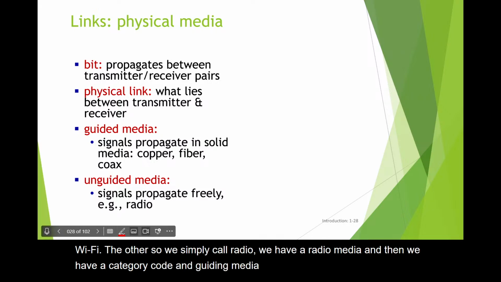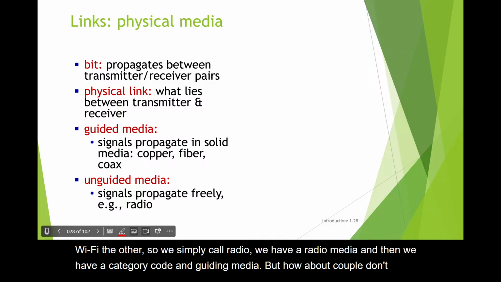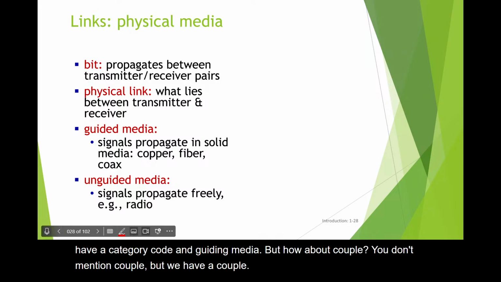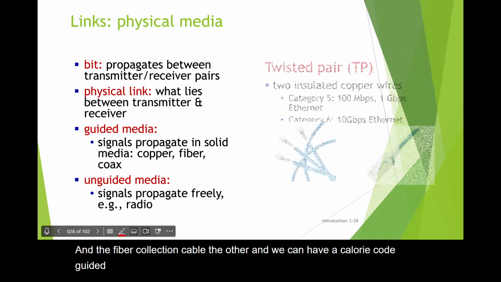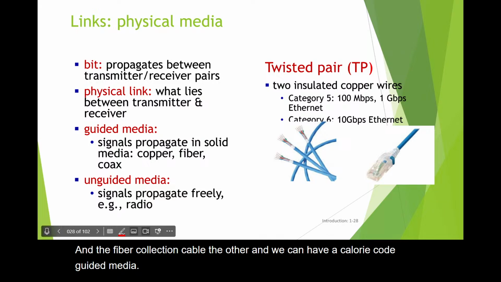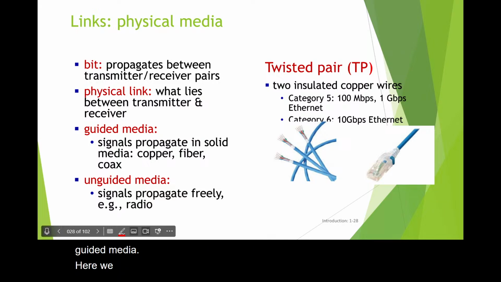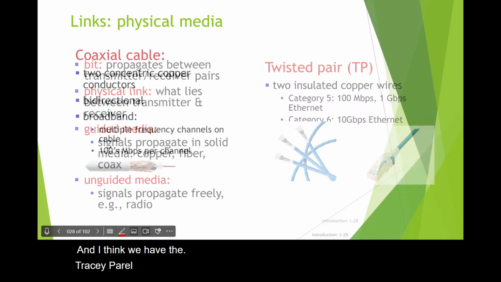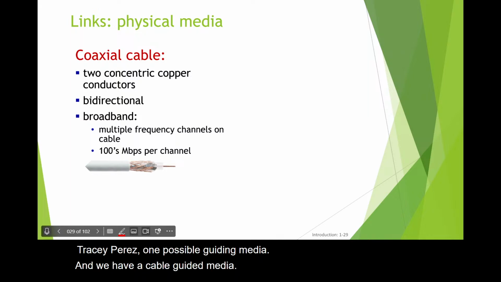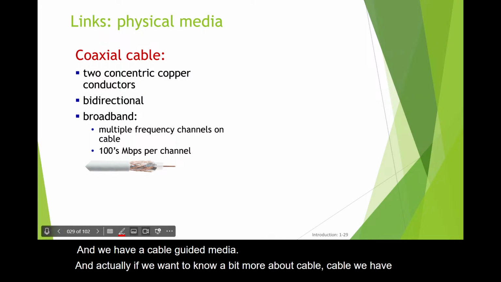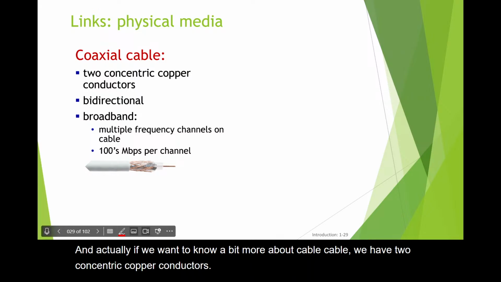But how about copper? Previously we didn't mention copper, but we have copper, and fiber, and coaxial cable. We can put them in a category called guided media. Here we have the guided media. I think you know the twisted pair is one possible guided media. And we have cable as a guided media. If we want to know a bit more about cable, we have two concentric copper conductors and it is bidirectional, 双向.